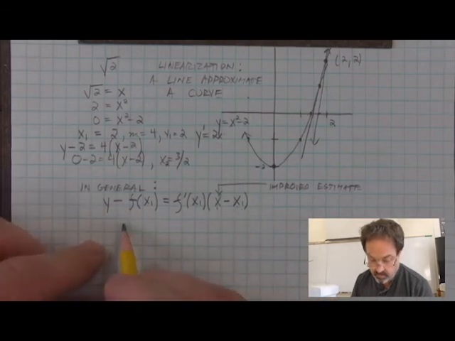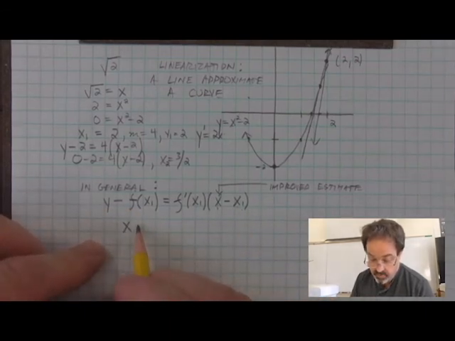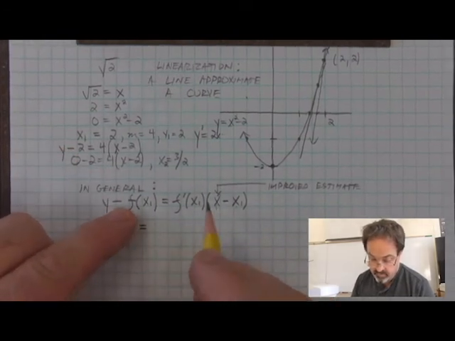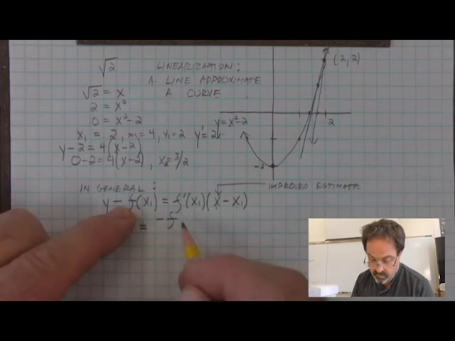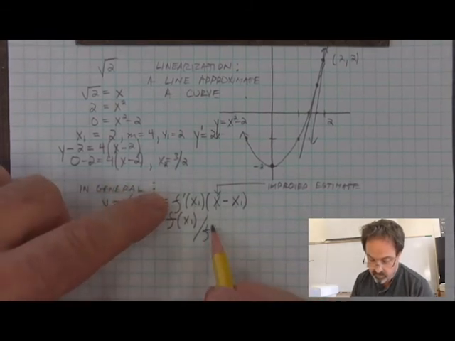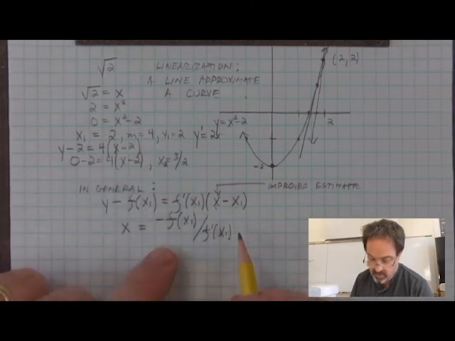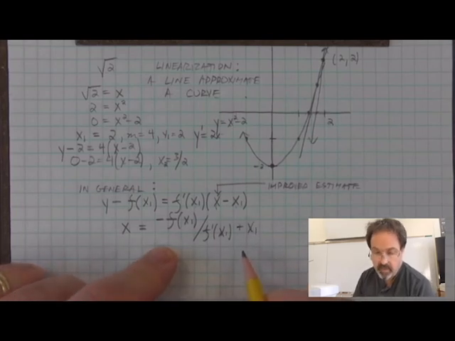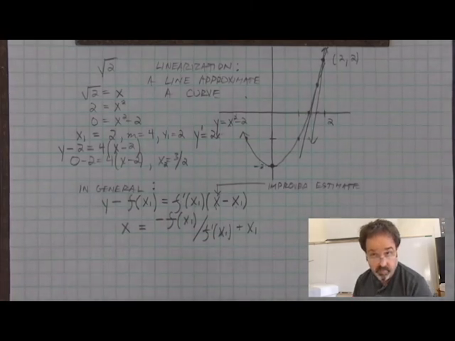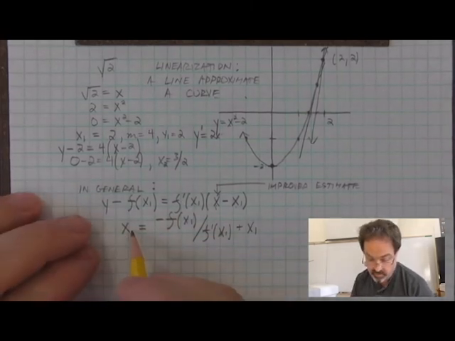In other words, I can get the better estimate, this x, by taking negative f evaluated at my original estimate, and dividing by the derivative, f prime evaluated at the estimate, and then adding the estimate. And if the notation x sub 1 was used for the older estimate, then the improved estimate would be x sub 2.